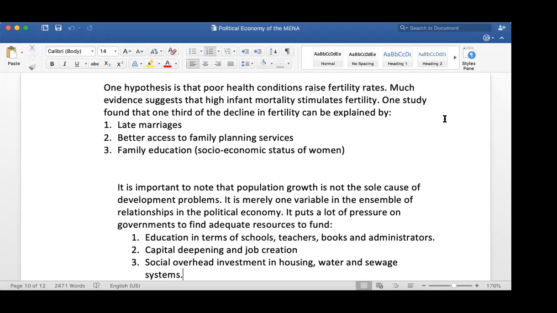It could increase fertility and it could also reduce fertility. A lot of demographers have come up with studies, numbers, and data that happen to conflict with one another.